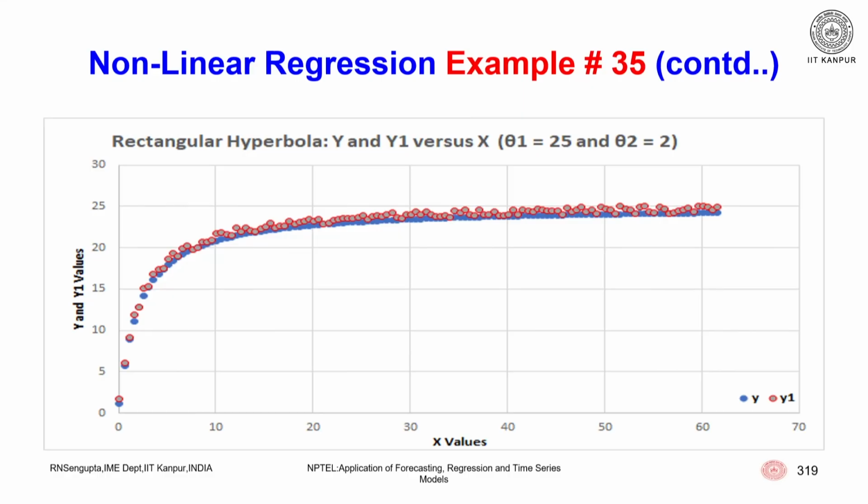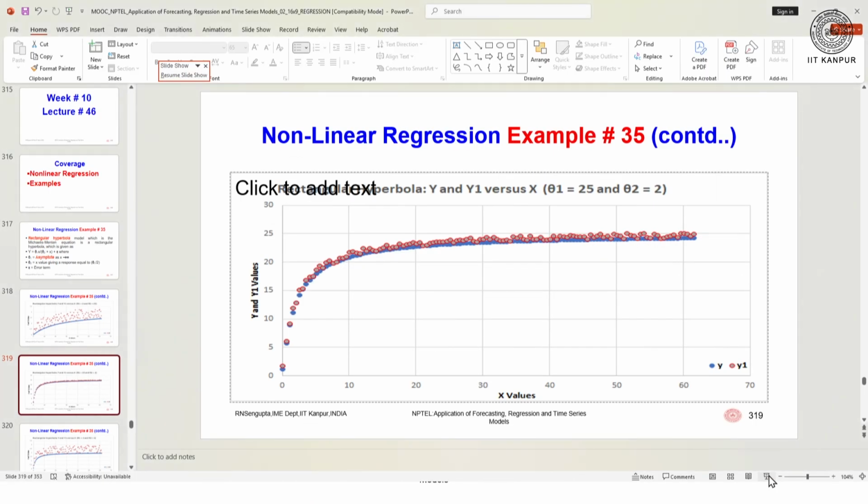If you see the blue line which is the best fit line, I am sure this graph is visible to all of you, and if you check the values of y1 which are the actual fitted data which we are trying to fit with respect to the best fit line, you see the error component is very low, which means depending on the values of theta 1 and theta 2 which you have to tweak, and you can take different values, you can get quite a good fit for this rectangular hyperbola nonlinear regression model. So, let us do that.